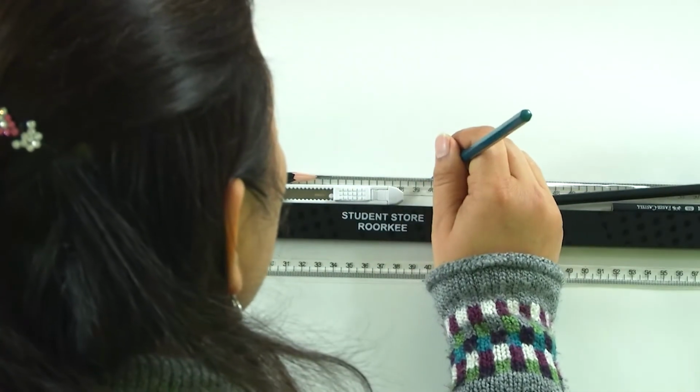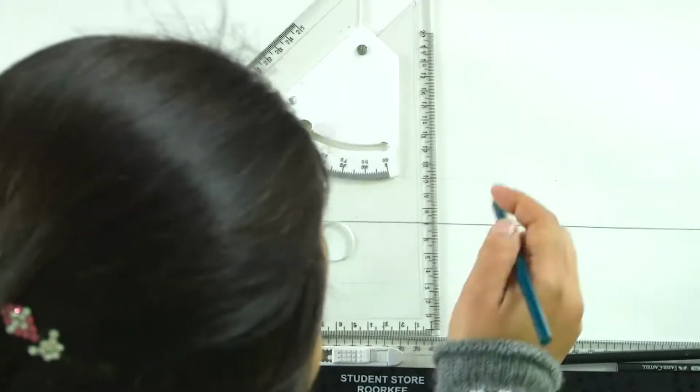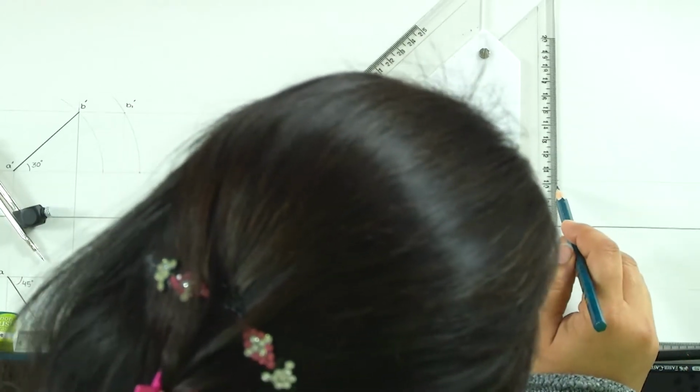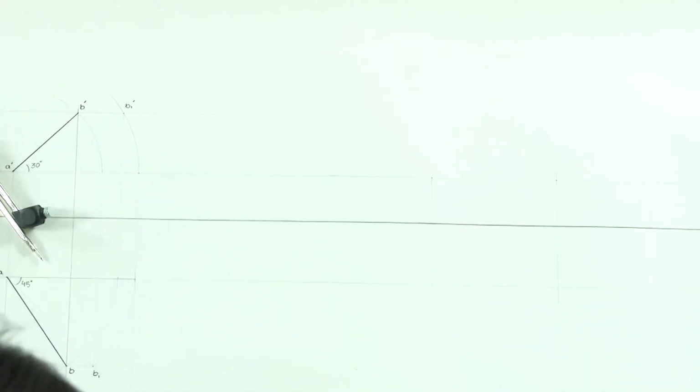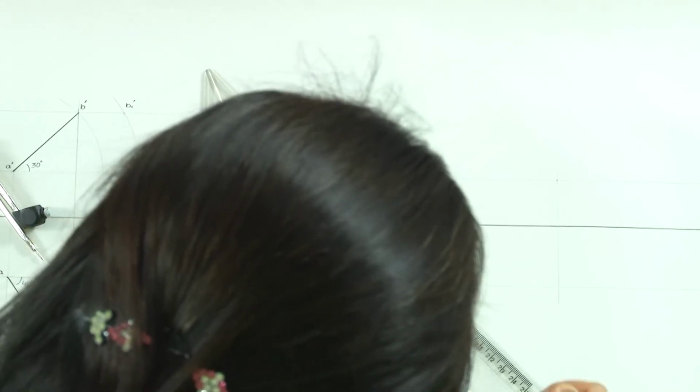So, let us quickly draw and start from how we proceeded previously. We will draw this line of 8 centimeters, assuming that initially it is parallel to both the planes. So, this is the line. Now, we have to incline it to both the planes at 45 degrees, assuming that it is parallel to one plane and at 45 degrees to the other.